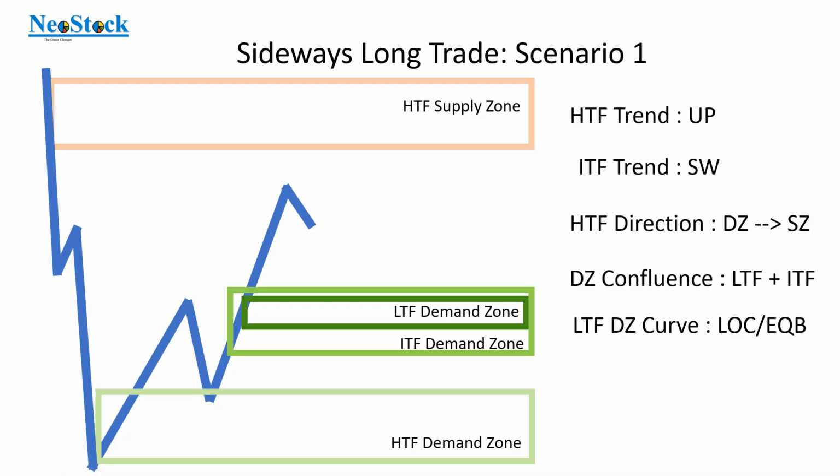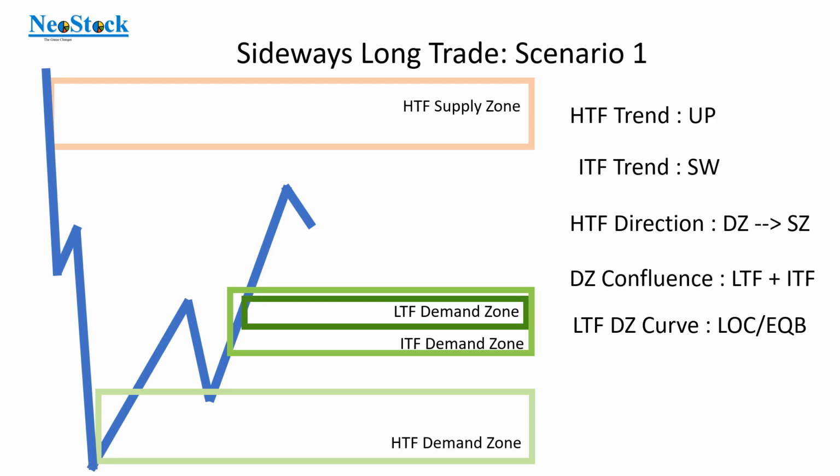High on the curve, we never take sideways long trades. So always remember, your LTF demand zone curve should always be either low on the curve or equilibrium in scenario 1. Other scenarios, this rule may change.